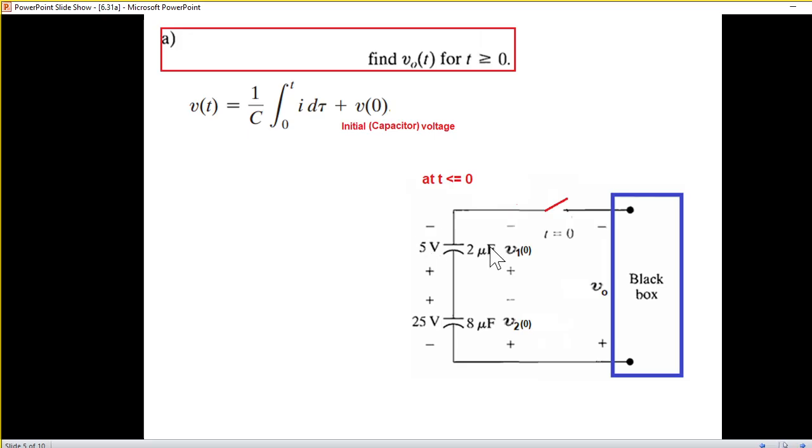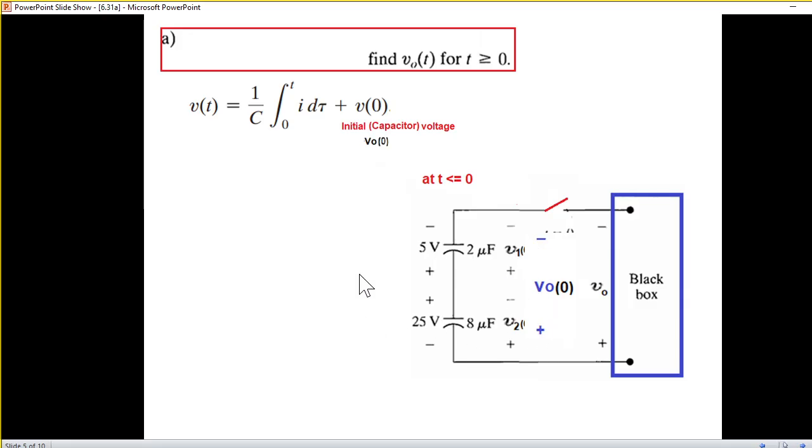This was our circuit. The switch was open for t less than or equal to 0 and the capacitor was charged. This voltage we'll call v0(0), the initial voltage. Here also, this is v1(0), this is v2(0), and the sum of these will be v0(0), which is the same as here.